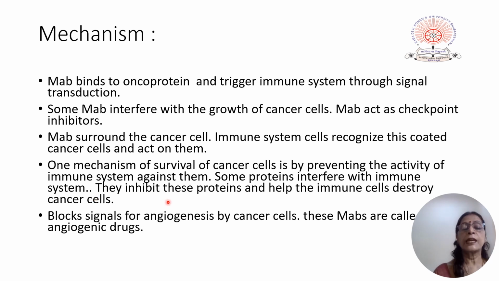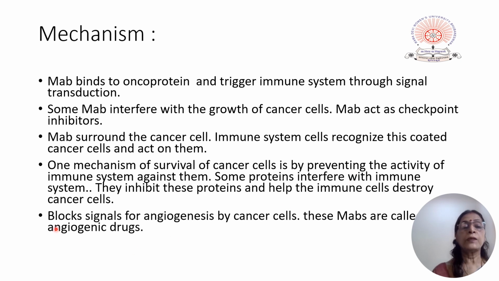So these MABs directly attach to the proteins and stop the action of these proteins, so that cancer cells are attacked by the immune cells and there is a chance of killing the cancer cells.